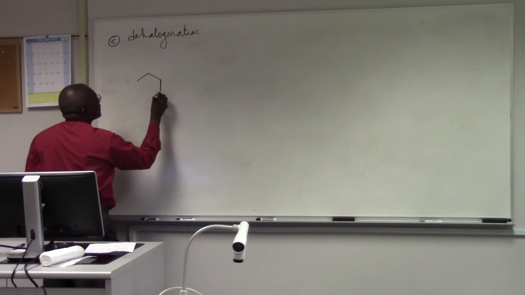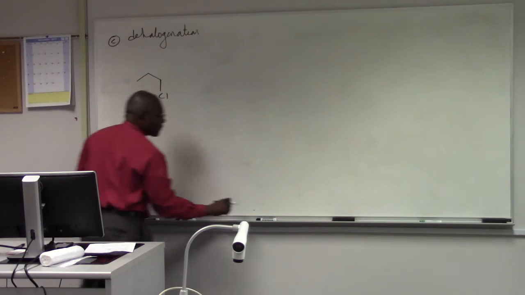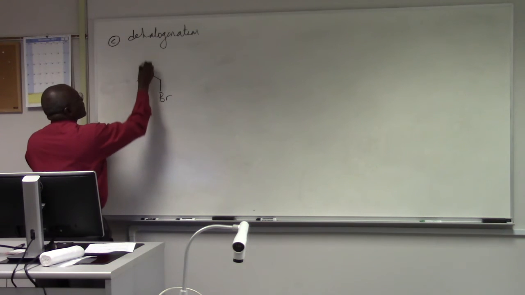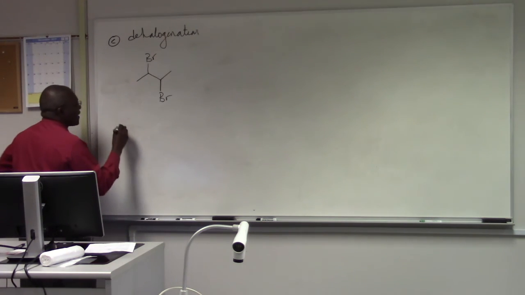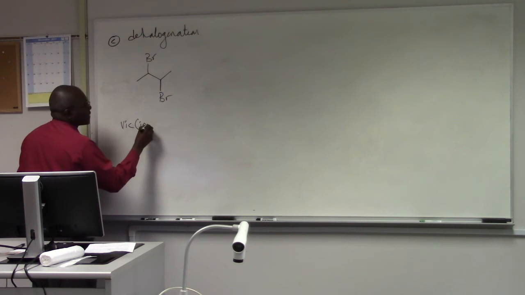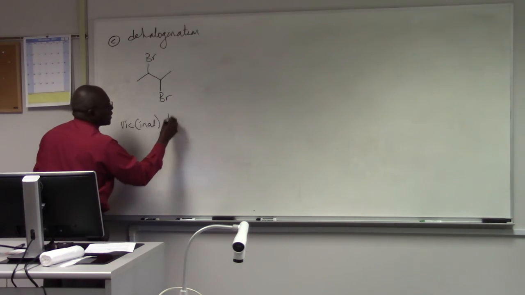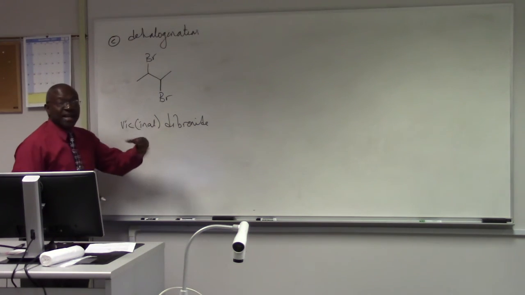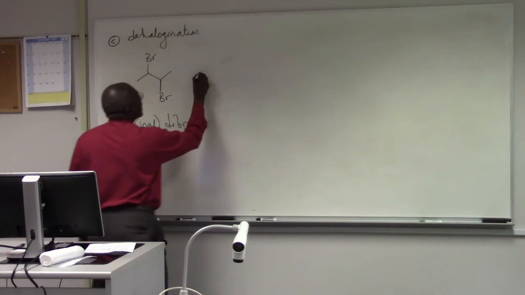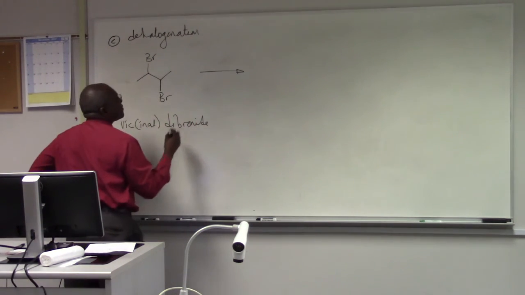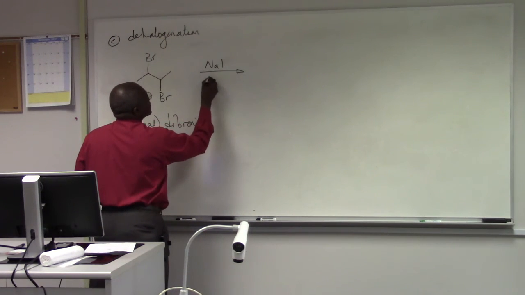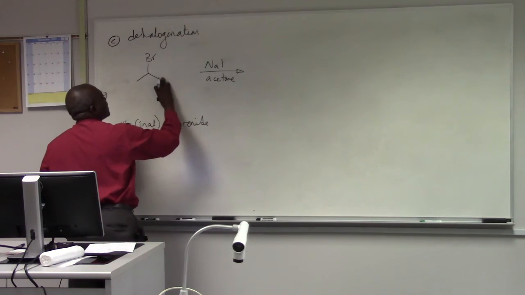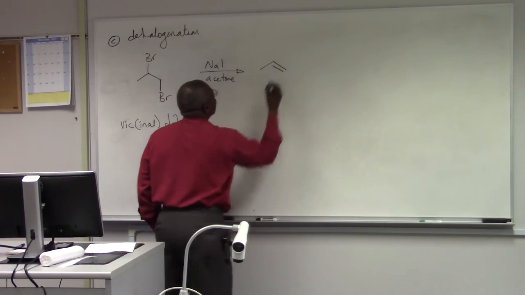So if I take, let's use the diagram, a vic or vicinal dibromide, and it also works with diiodides, and I treat them with sodium iodide in acetone, that will generate, let's make it a little bit simpler, the corresponding alkene.